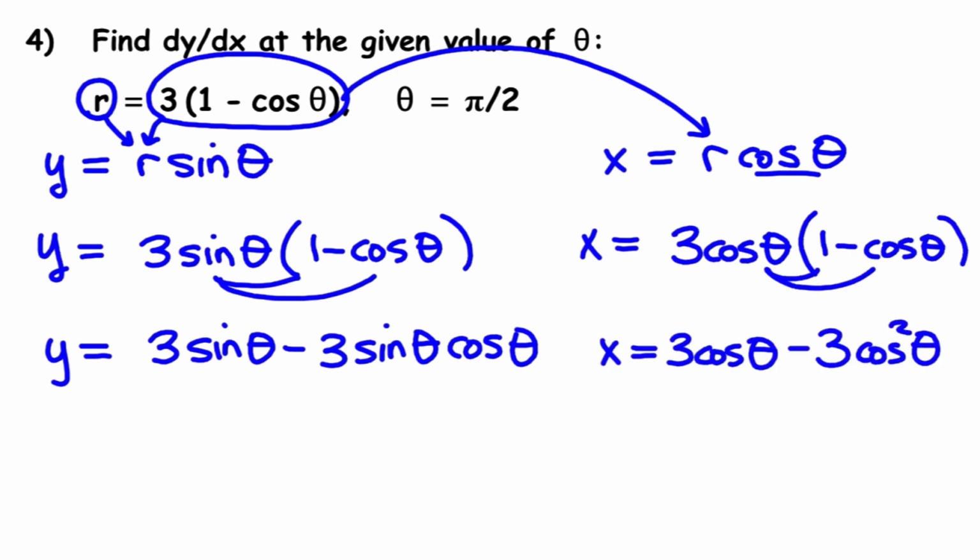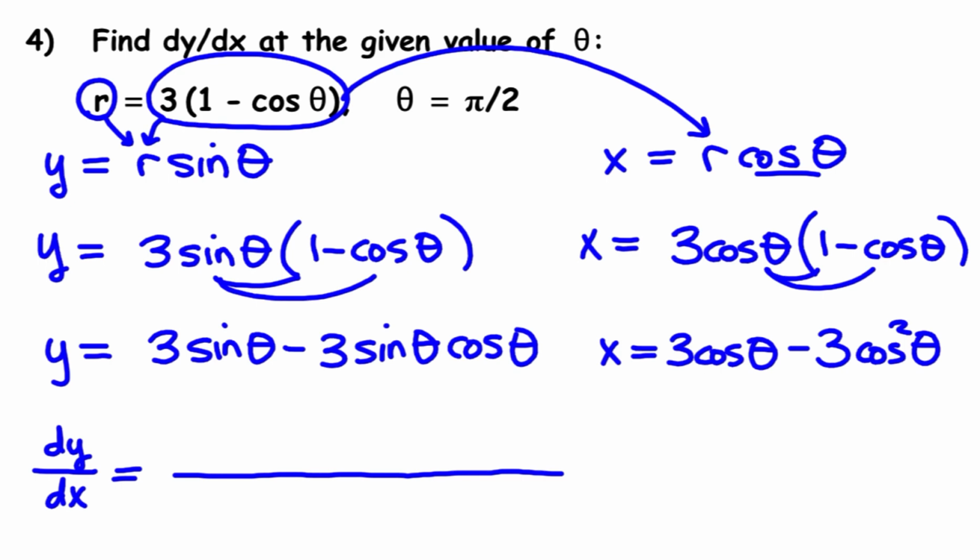Whew. Okay. So now I have to figure out what dy/dx is. And as I mentioned earlier, dy/dx is just dy/d theta over dx/d theta. So I'm going to take the derivatives of each one of these. All right, I'll start with the y.